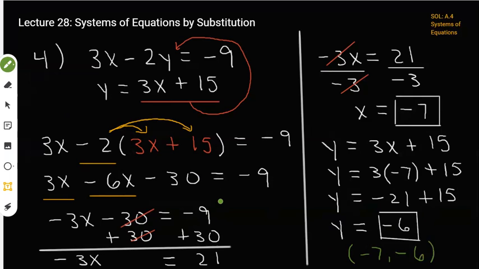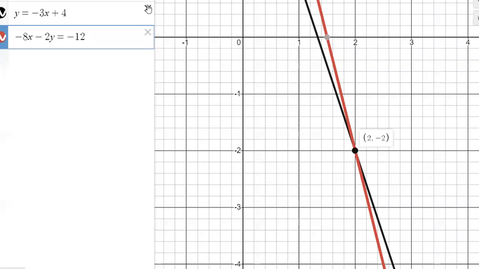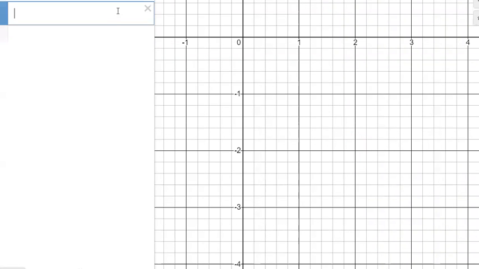Let's go ahead and check that answer. So we're going to graph the top equation and the bottom equation in Desmos. And I'm always typing in my two original equations. So I've got 3x minus 2y is equal to negative 9.